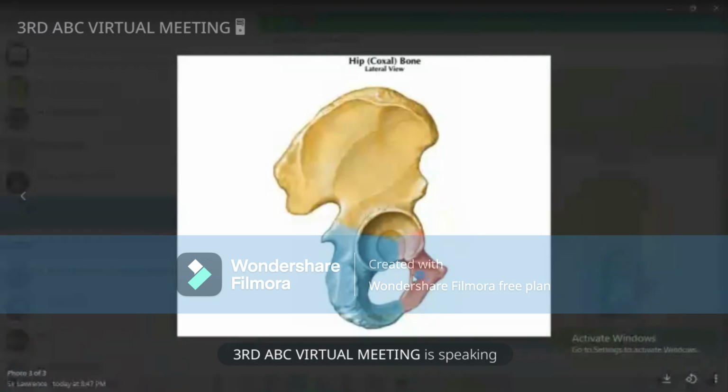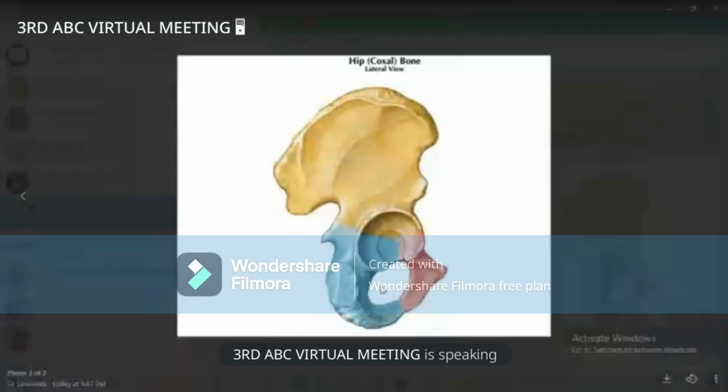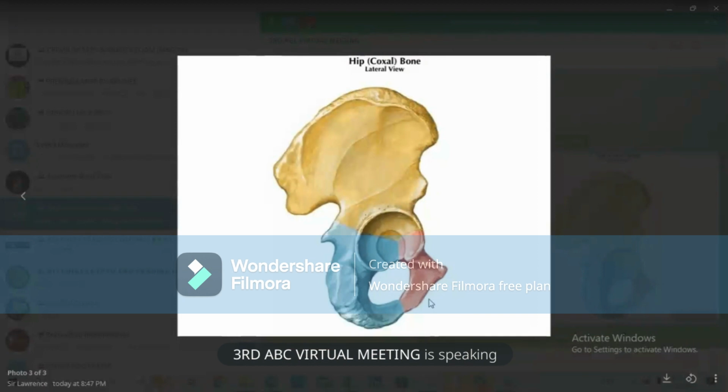This is the body forming the anterior medial aspect of the obturator foramen, while the superior ramus is forming a part of this acetabulum, then it has an inferior ramus also. So it has a body, a superior ramus, and an inferior ramus. Alright, so the body and the inferior ramus form a part of the obturator foramen.